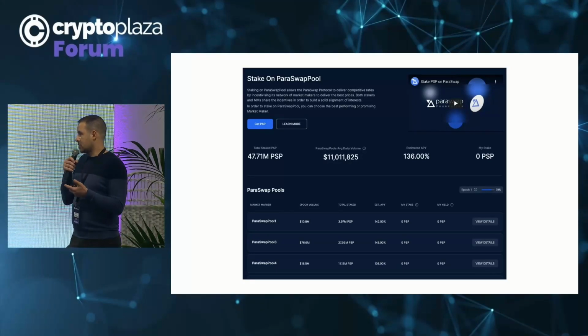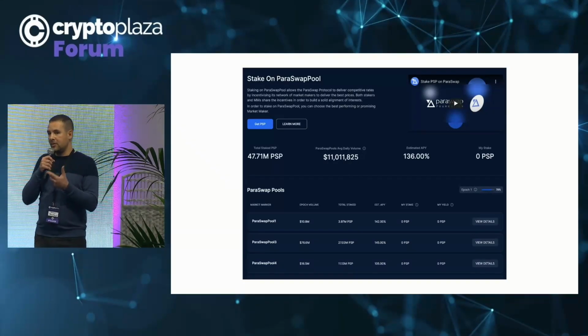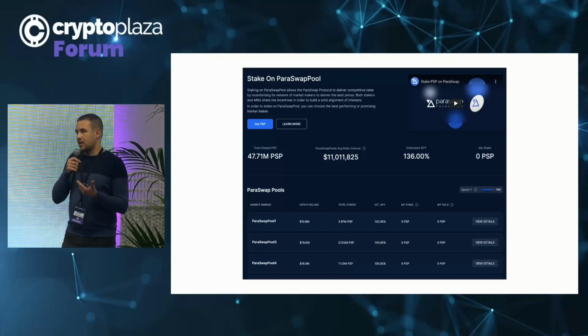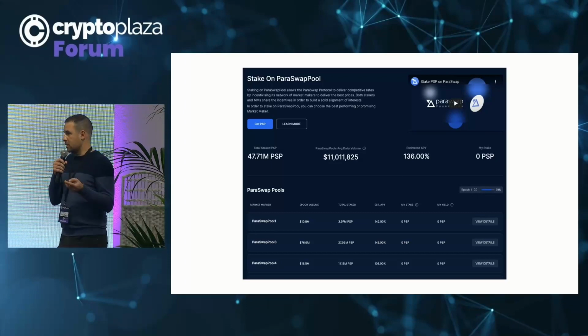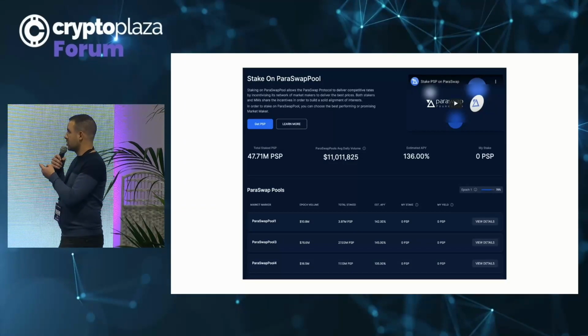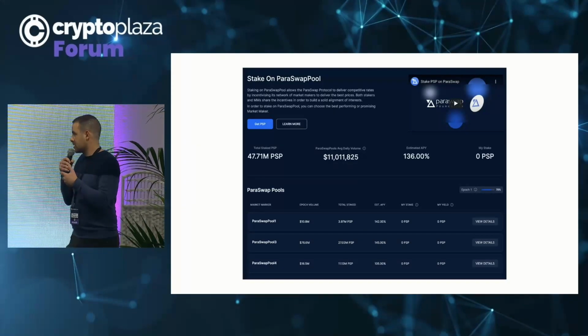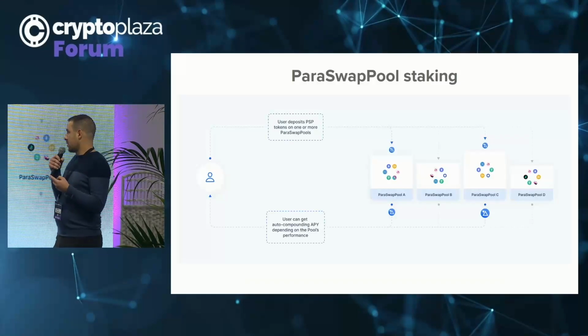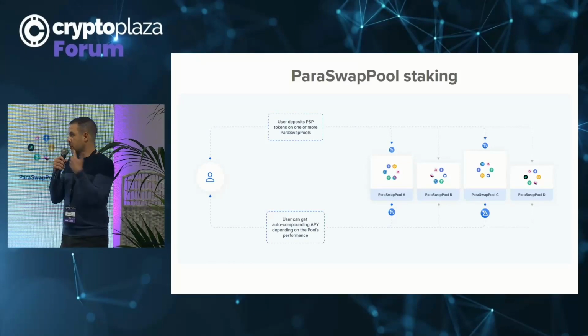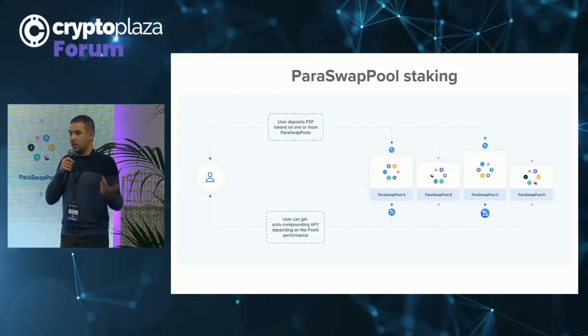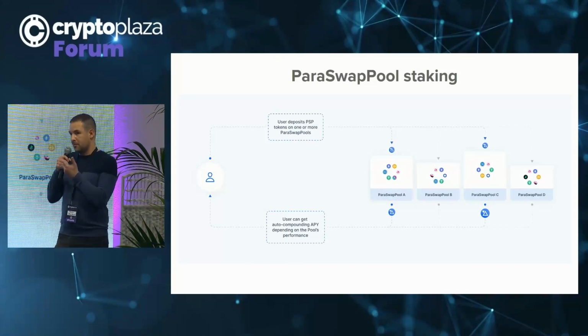And the idea is to try to make those market makers even more efficient. So we think that this is a superior model because of this high quality of execution. And that was the initial launch, where users can stake on market makers.